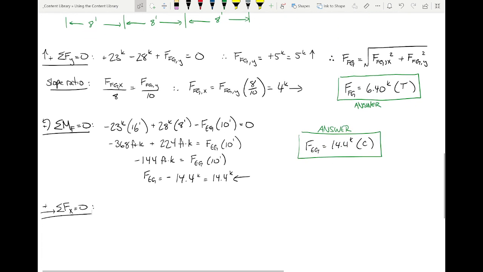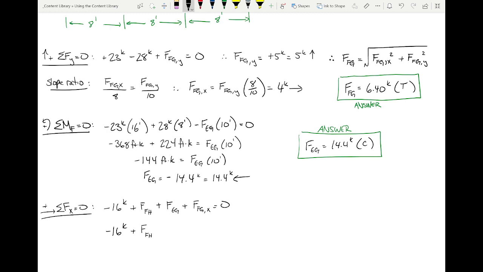So what we'll do is we'll say negative 16 kips, and we'll say plus FEH plus FFH, plus FEG plus FFGX is 0. Then we'll say negative 16 kips plus FFH.